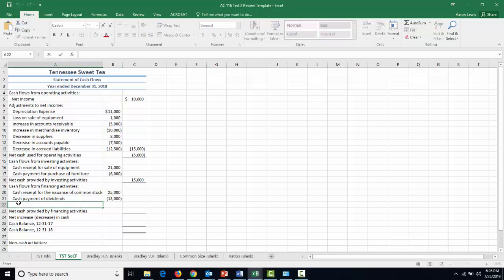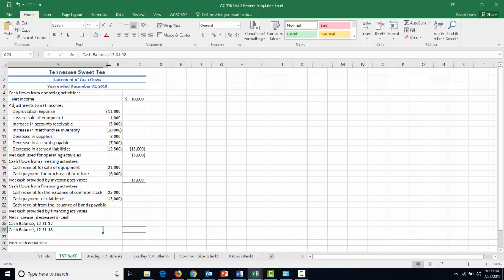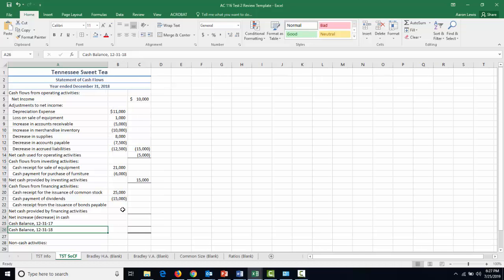And then the next thing that we have is our cash receipt from the issuance of bonds payable. And the column's not wide enough, so let's just make that bigger. If you ever find this scenario, go up to the top where you get this little black line, and you can slide it over till it's the right size. There we go.